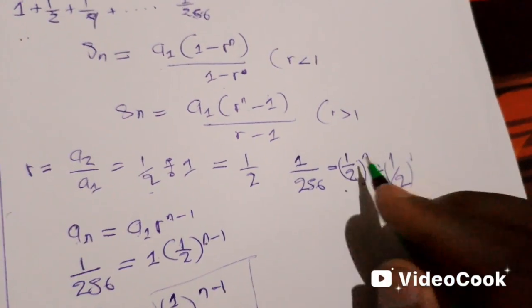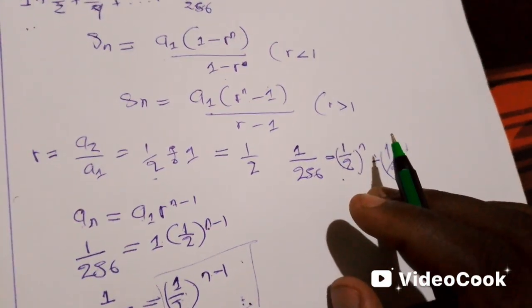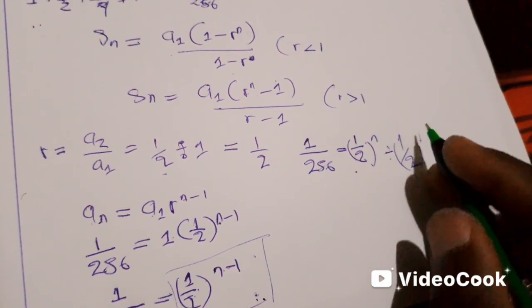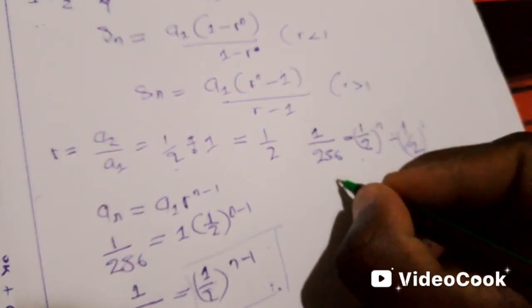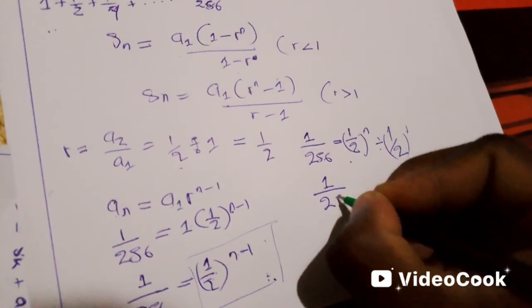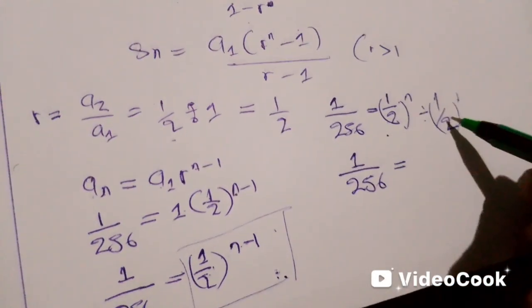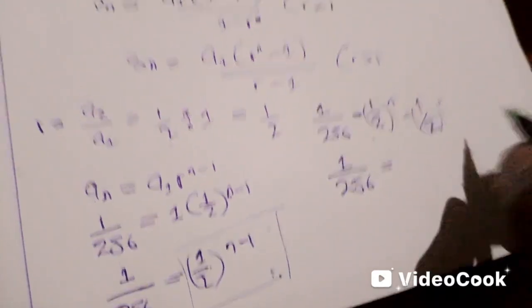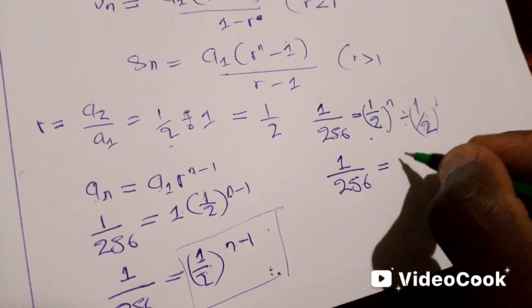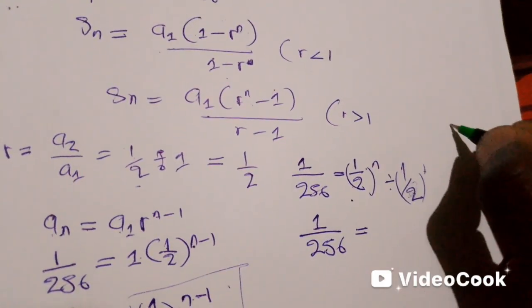Isn't that correct? That's why we had n minus 1 there. In a mathematical way, we can make this half become a reciprocal, so we can have numbers like 1 over 2 to the power of something.